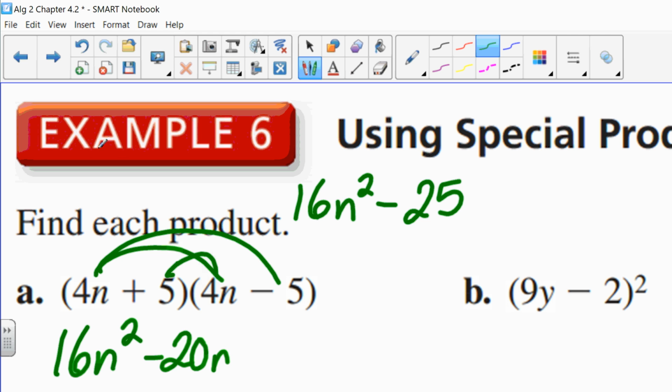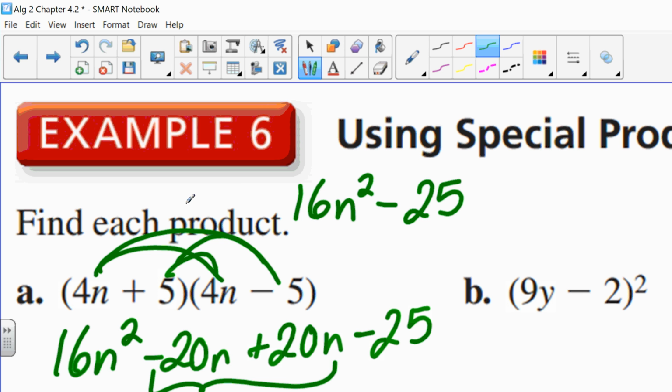We would do the same thing with 5. 5 times 4n is plus 20n, and 5 times negative 5 is negative 25. Well, we do have two like terms, yes? The negative 20n and 20n. Negative 20n plus 20n is 0, leaving us with just 16n squared minus 25. We get to the same thing.